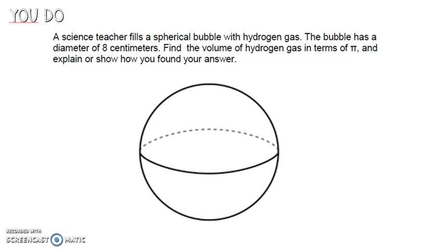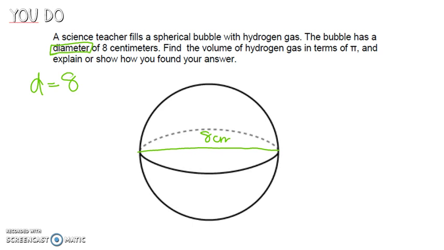We are moving on to our last and final example here. A science teacher fills a spherical bubble with hydrogen gas. The bubble has a diameter of 8 centimeters. Find the volume of the hydrogen gas in terms of pi, and explain or show how you found your answer. Hint, they're saying diameter, which means all the way across.